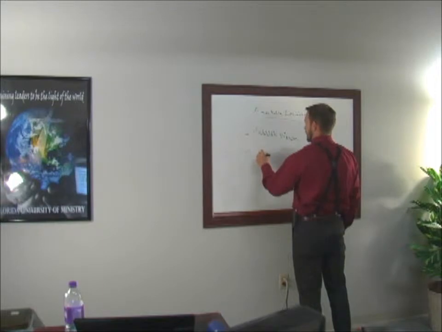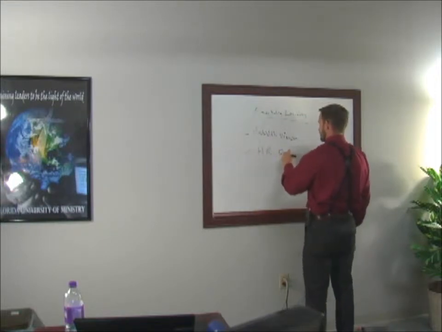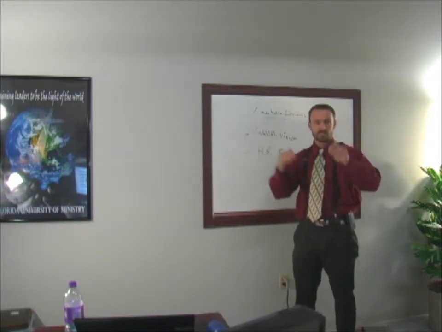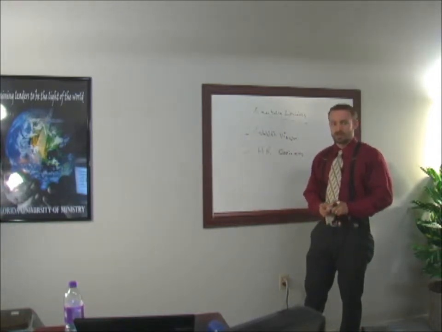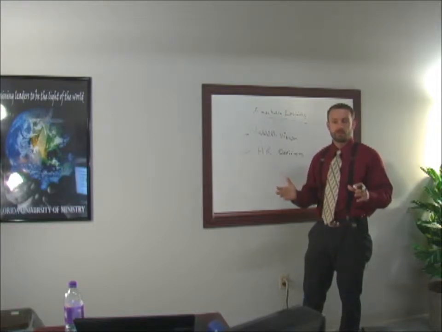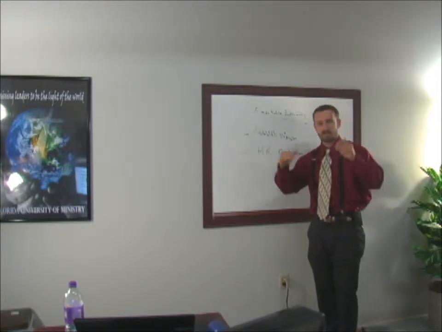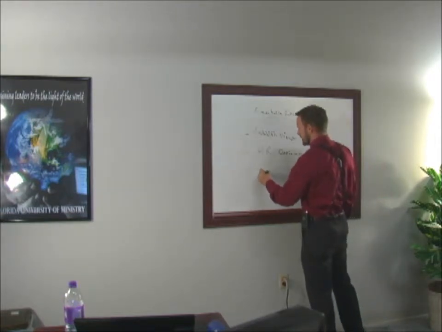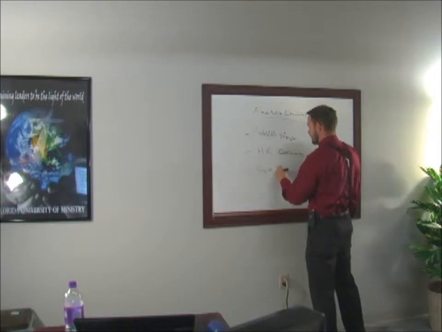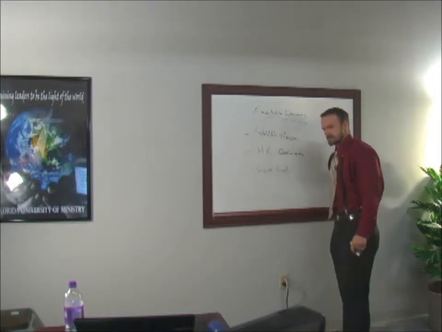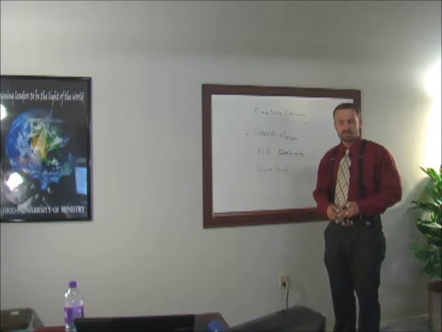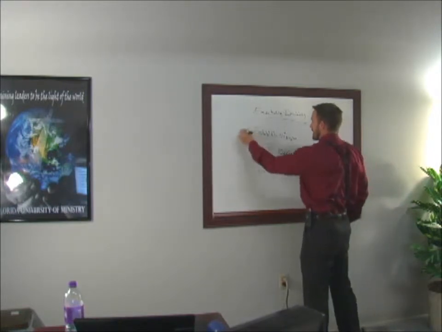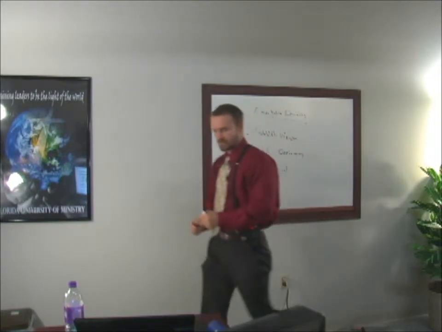There was HR decisions, specifically HR decisions for the top of the organization. You don't want your CEO thinking about hiring everyone, but they probably need to be very influential in hiring at the top level. So that's what we'll do in a different section. And then the third one is the concept of a figurehead, that the CEO often is the face of the organization. So what we're going to look at today is this first one, establishing vision.